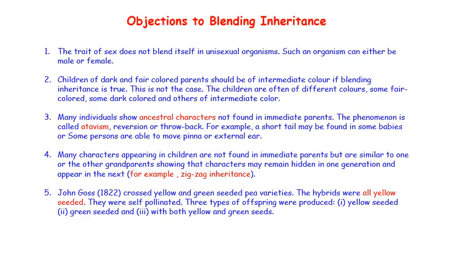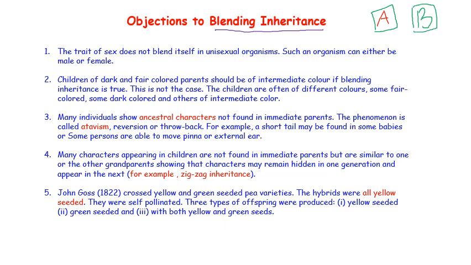Now, all these theories that we studied so far believed in the blending of inheritance. We explained what blending of inheritance is, but I will revise it again. For example, if we have two parents, parent A and parent B, and they have some characters.